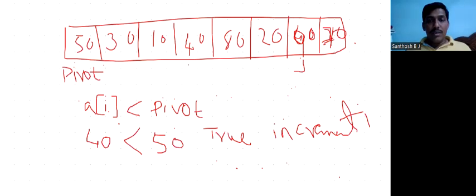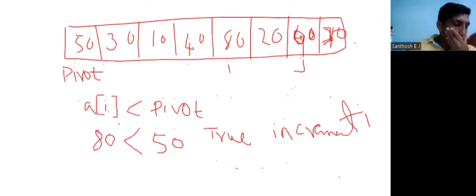this place. Okay, I think all of you understood this condition. Once again, you compare the I value with the pivot, because the condition is true, the same until the condition is false. You compare with A of I only. So what is the value? 80 is the value. Now the I value is 80 here. See here, I is at 80 after increment. So 80 is less than 50?